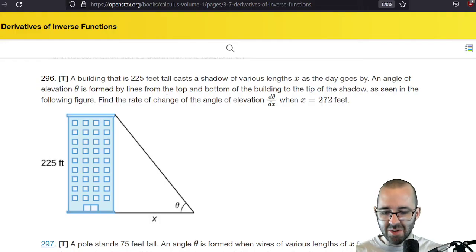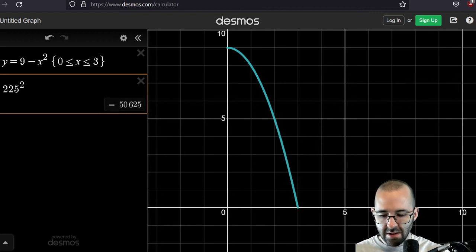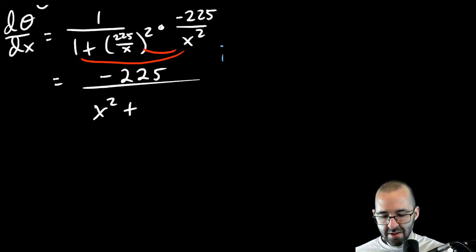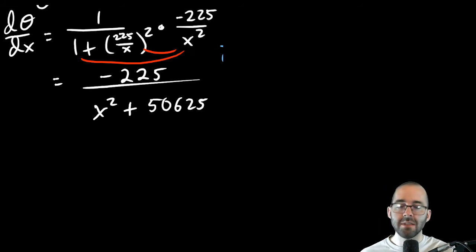What's 225 squared? 50,625. And then we're multiplying by an x squared and dividing by an x squared, so that part's going to cancel. This is the derivative of the angle with respect to x.